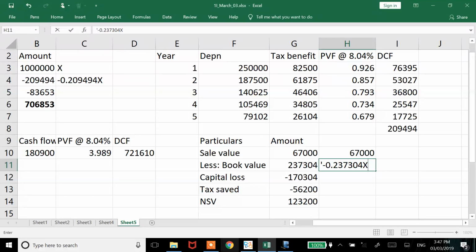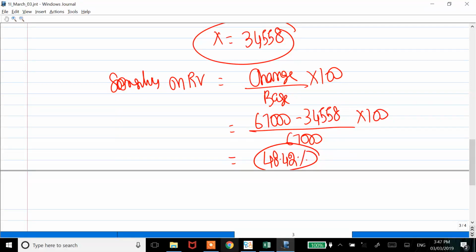Now write sensitivity analysis on initial cost.